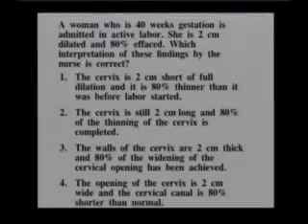Two, the cervix is still 2 centimeters long and 80% of the thinning of the cervix is completed. Three, the walls of the cervix are 2 centimeters thick and 80% of the widening of the cervical opening has been achieved. Or four, the opening of the cervix is 2 centimeters wide and the cervical canal is 80% shorter than normal.